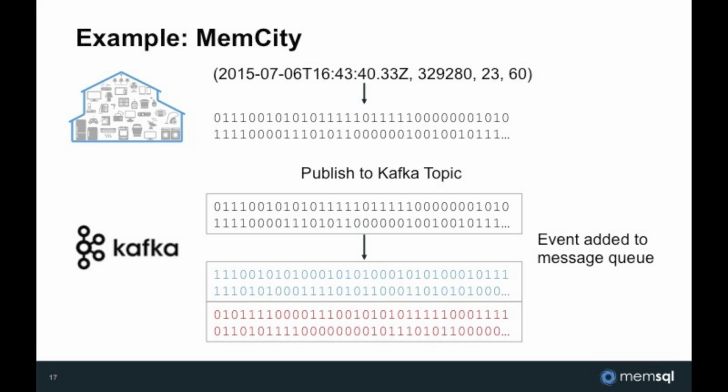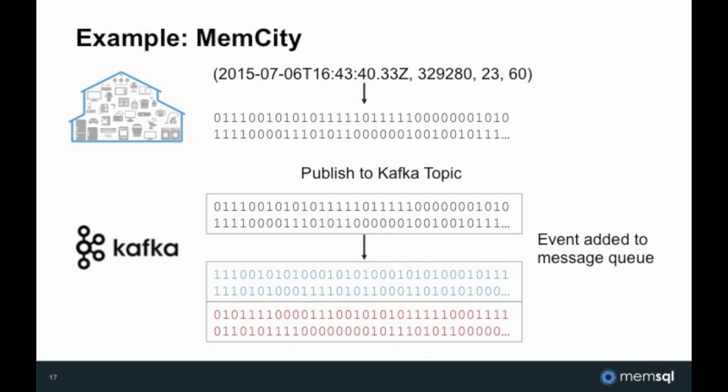So the example that I'm going to be showing you is a demo we came up with that we call MemCity. It's a city of the future where all devices are connected and they are reporting their power consumption to this power monitoring system. The way that it starts out is there are houses which each have some devices associated with them, and at some interval of time, the devices wake up and publish the amount of power that they've consumed.